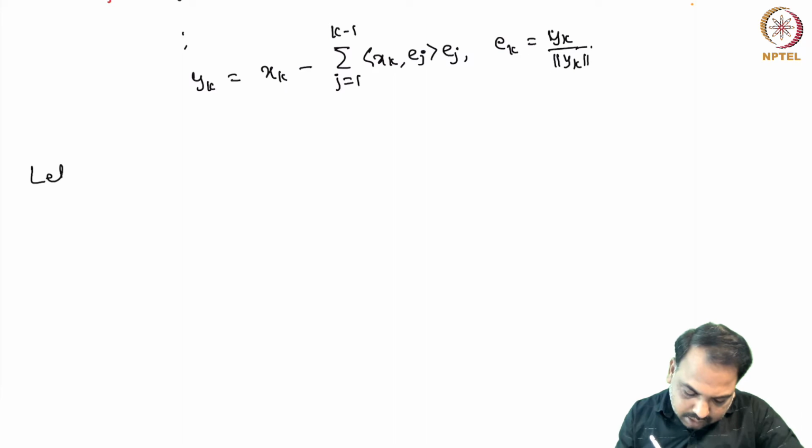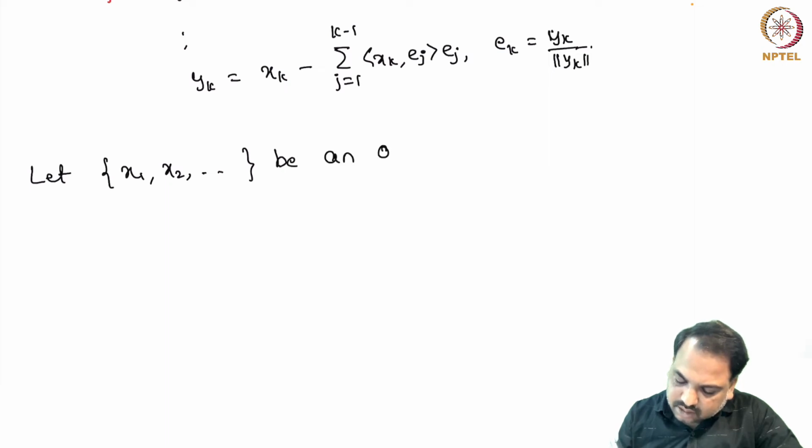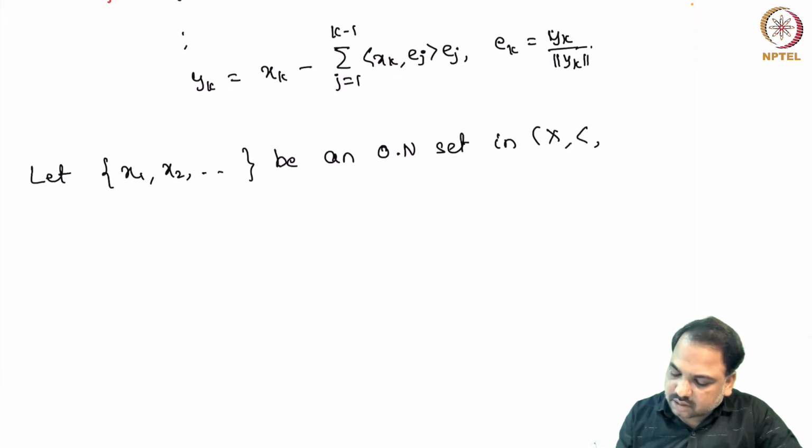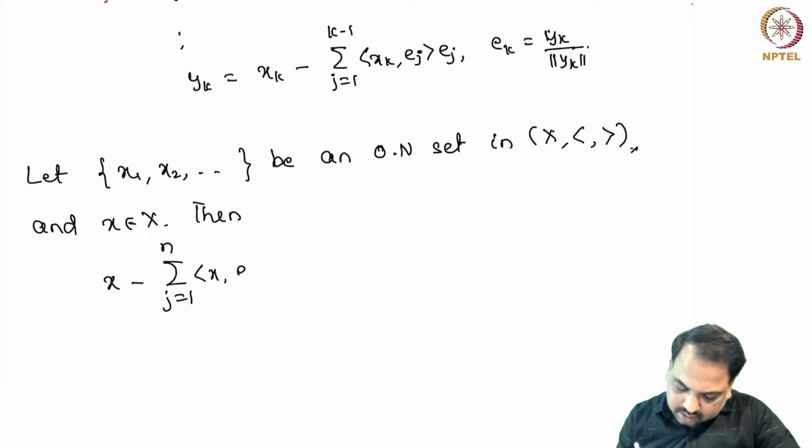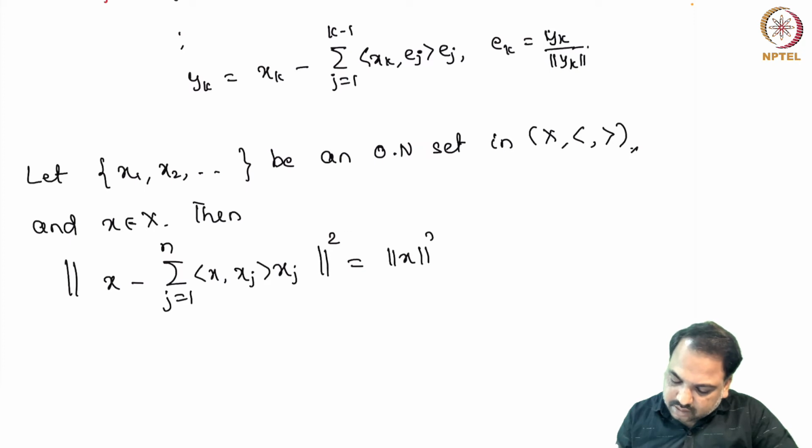Let x1, x2, and so on be an orthonormal set in an inner product space X with this inner product, and take x from X. Then if you look at the norm squared of x minus summation j equal to 1 to n of the inner product of x with xj multiplied by xj, if you compute this one, you will get norm x square minus summation j equal to 1 to n modulus of inner product of x with xj squared.